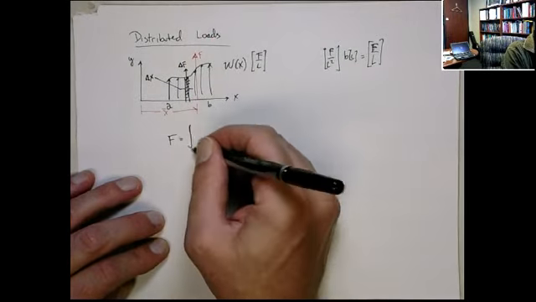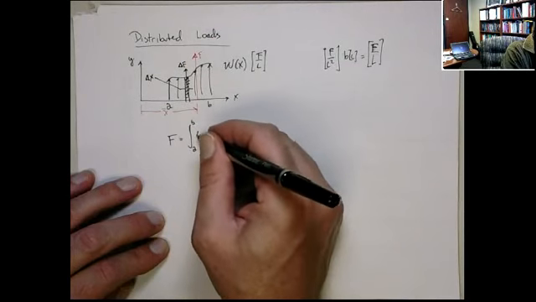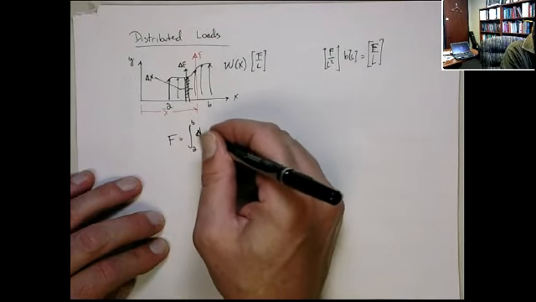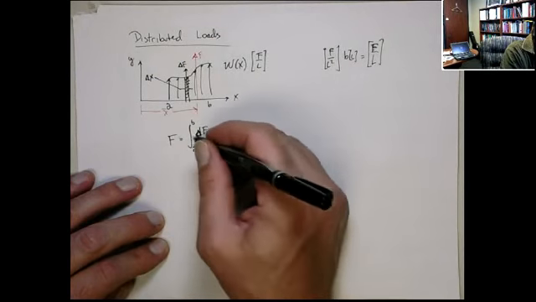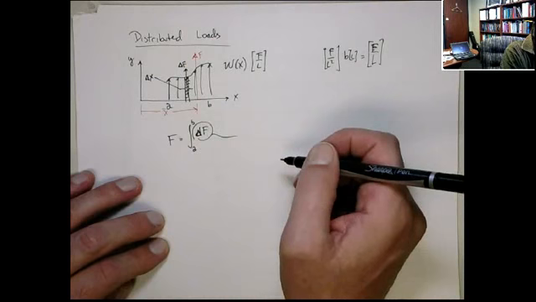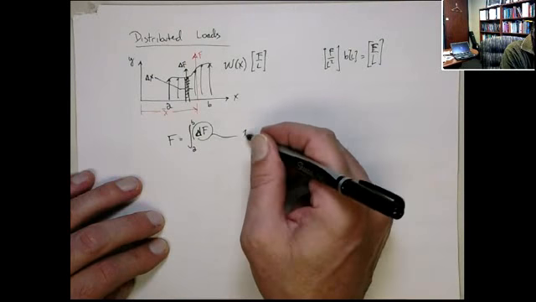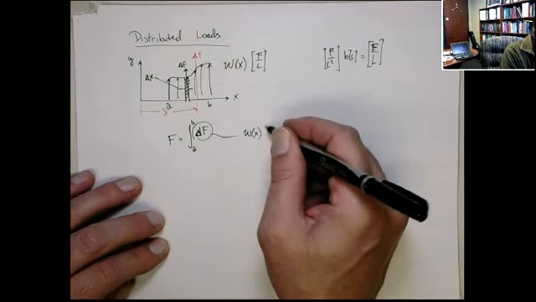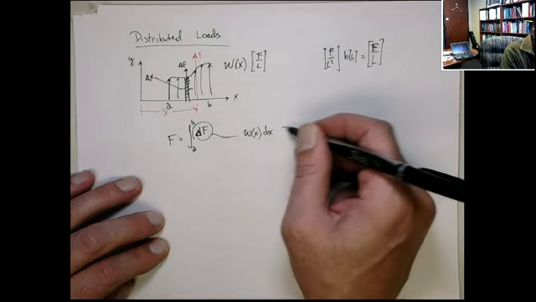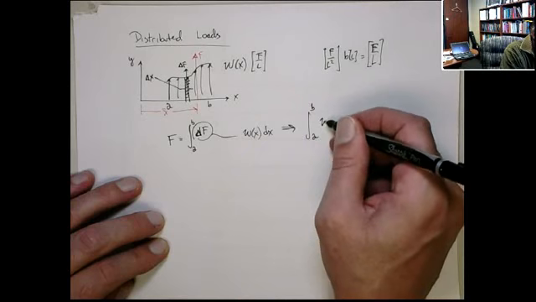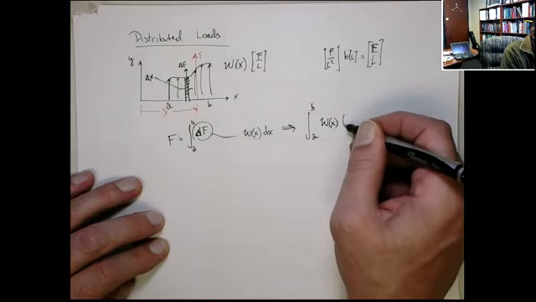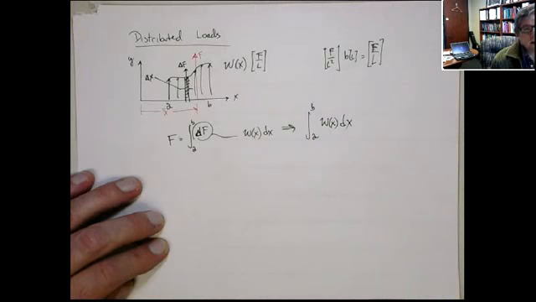The total force is the integral of that differential force. That differential force is equal to w(x) dx, so the total force is the integral from A to B of w(x) dx. So it's the area under the curve. Just integrate it, and that's the total force.